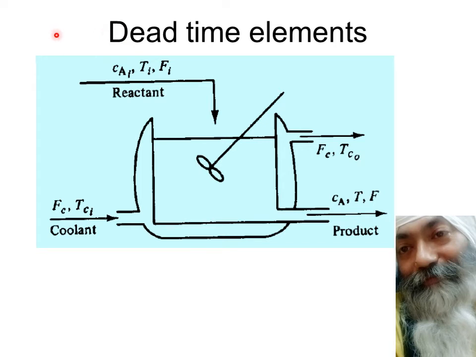Theoretically, so far we have been modeling by assuming that whenever the stimulus is given, the response happens immediately, instantaneously. But actually, there is a period when nothing happens. It happens after some time, and that period is called dead time.